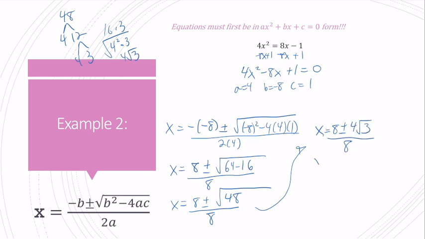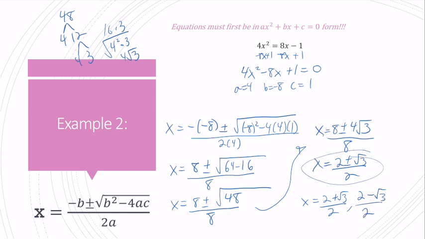So x is 2 plus or minus root 3 over 2. And I can write this as 2 separate x values if I wish, or I could leave it. Because it's the radical, I can't really simplify it to solve for a simplified fraction or an integer. So for that case, it's okay if you leave it in this form.